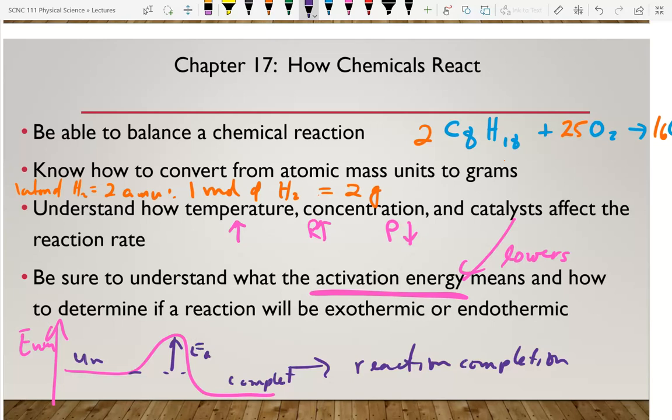In this reaction that I drew, is it exothermic or endothermic? It's exothermic. Exothermic means it's going to release energy. How do I know it's going to release energy? Because I'm at a lower energy state at the end. So if I go from higher to lower energy, it releases the excess.